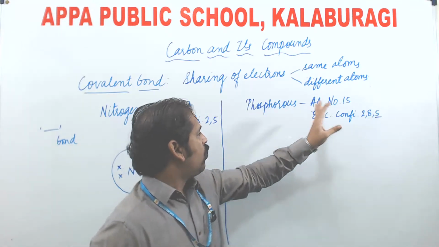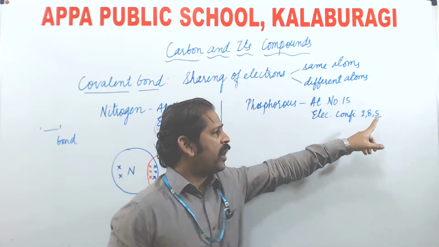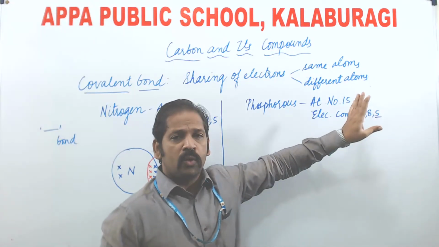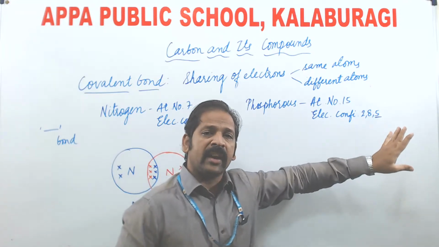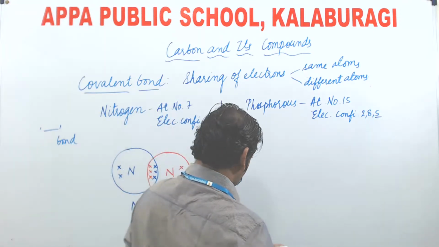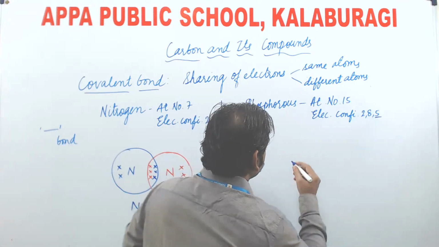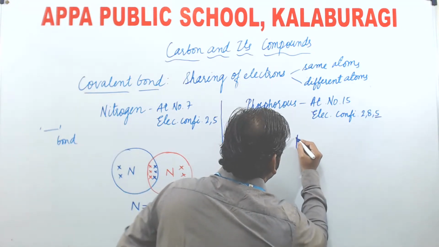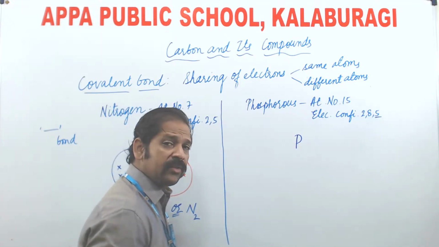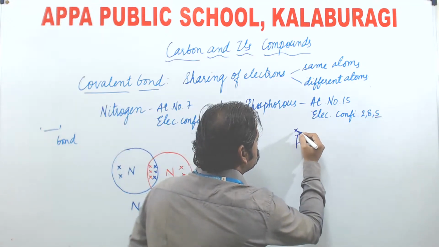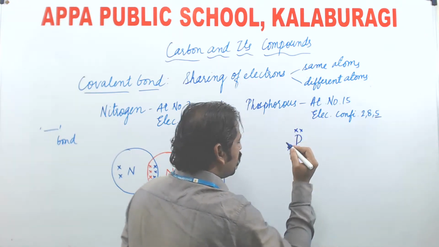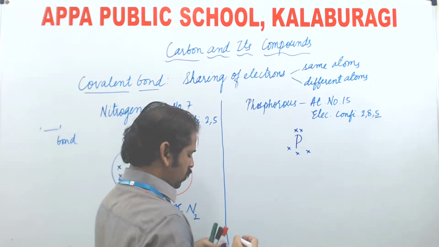Okay. Now we'll go with the phosphorus. Five electrons are there in the outermost orbit. Two electrons are paired, three are unpaired. We'll start with the first phosphorus. Yes, this phosphorus: two paired, three unpaired.